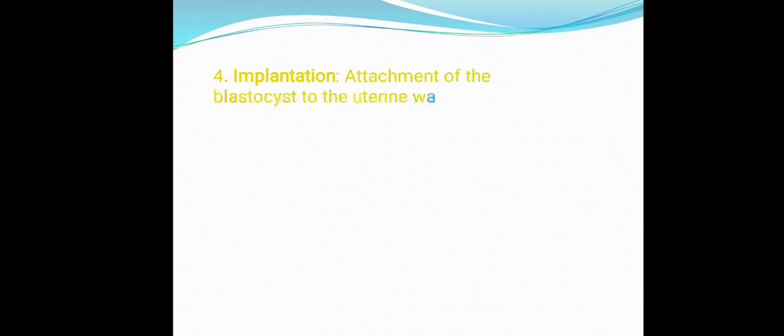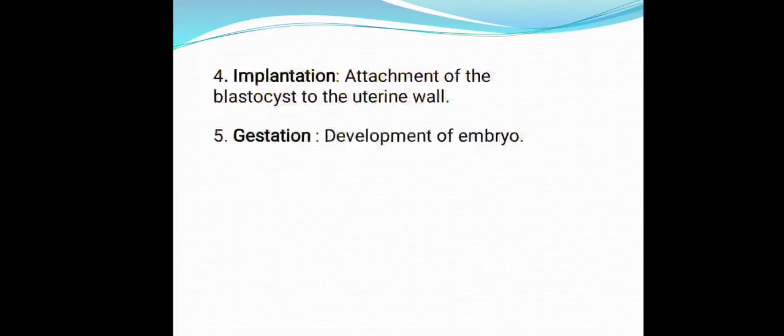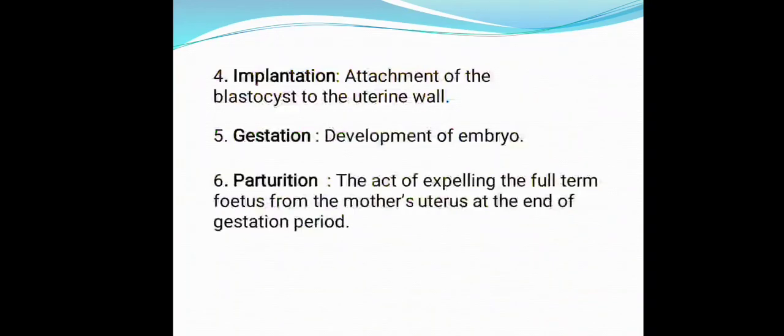The fourth event is implantation. Implantation is the attachment of the blastocyst to the uterine wall. The next event is gestation. The implanted embryo, that is the blastocyst, should undergo further development. So development of the embryo takes place in gestation. After the completion of the gestation period, parturition takes place.